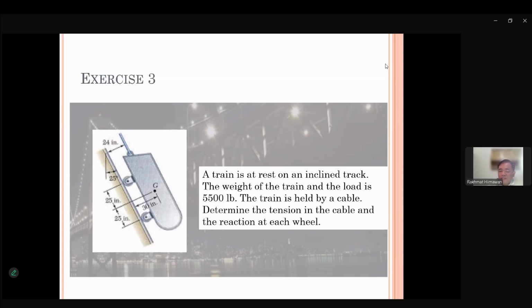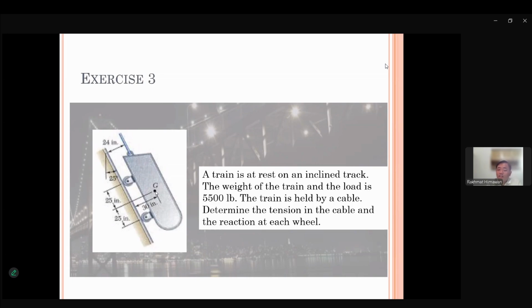So how can we make this free body diagram? We need to be careful. The location of this cable is not going to point G. See, this is 24 inch, this is 30 inch, so it's not going to point G. First, you get help by being told where G is.